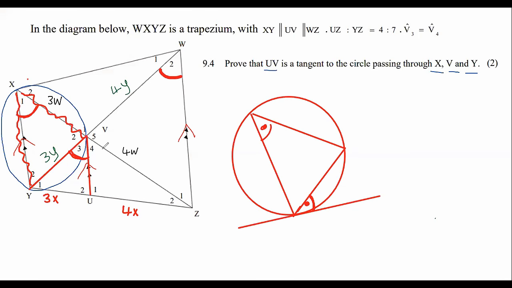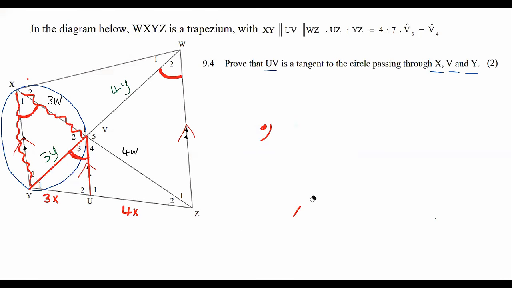But if you can remember, we have already proven that. Yeah, we've already done that. Because we said that X1 was the same as V4, remember? But then V4 was already the same as V3. We have already done this.